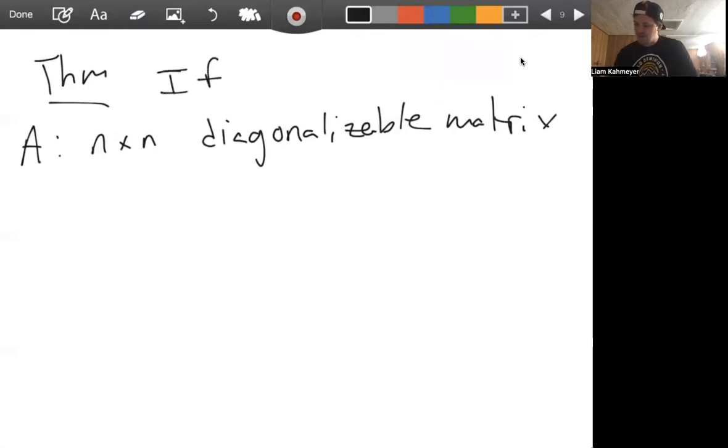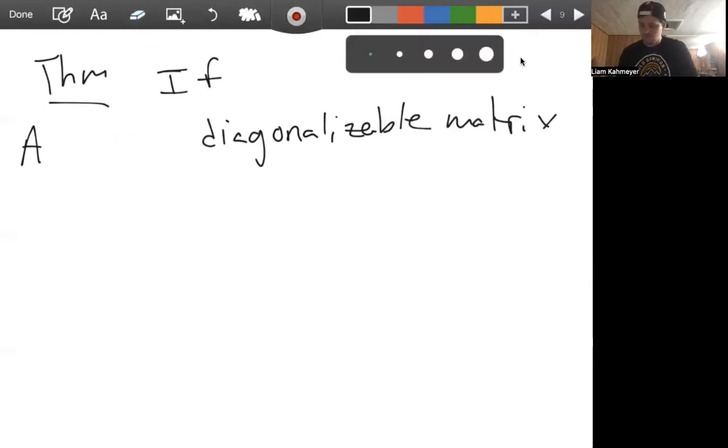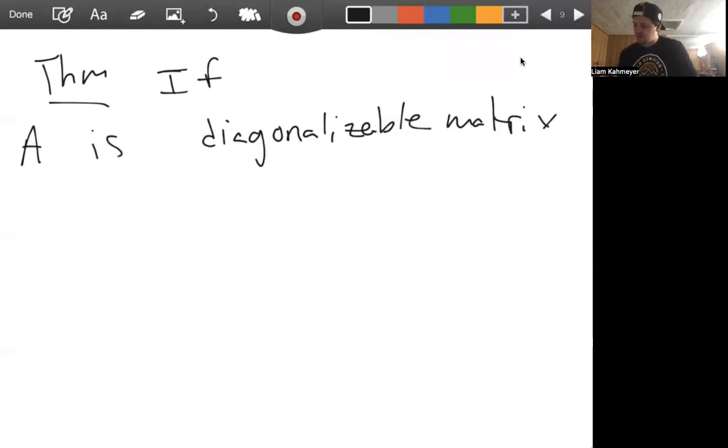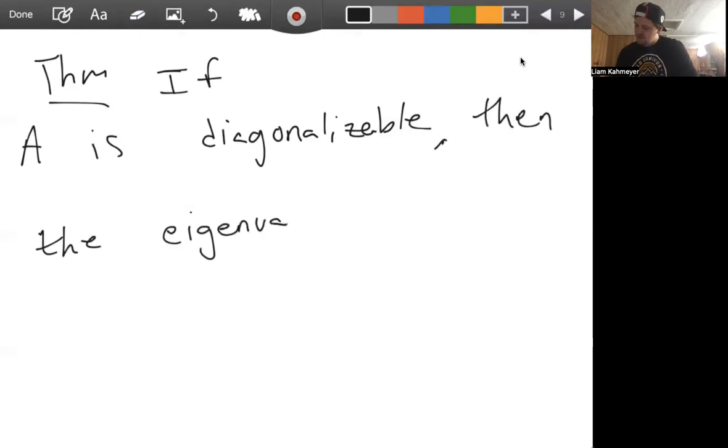If A is diagonalizable, it's understood that A is n by n, then we have that the eigenvalues of A are distinct.